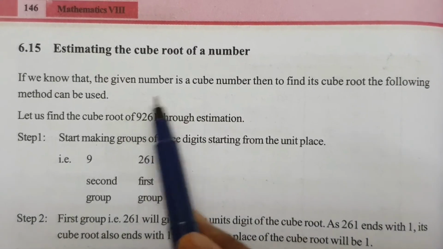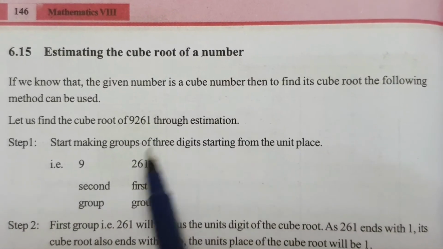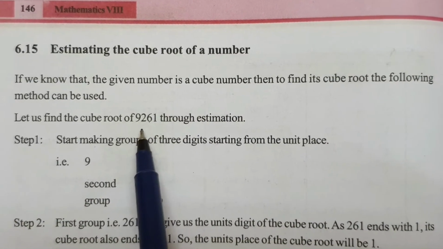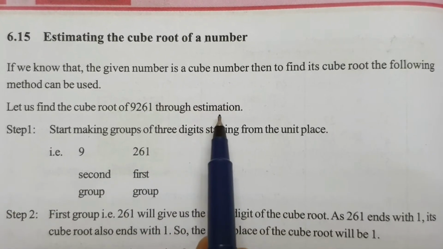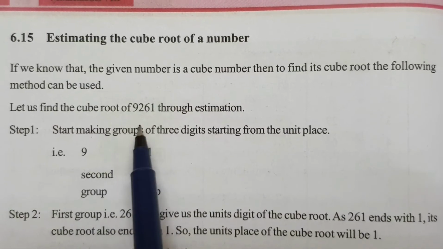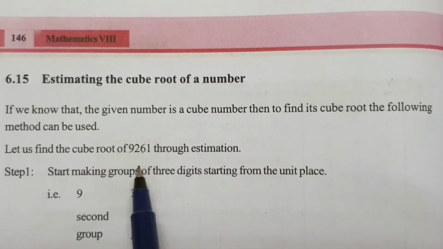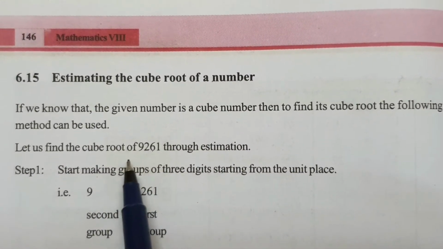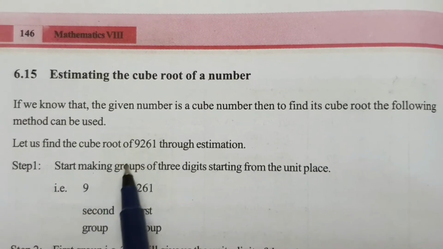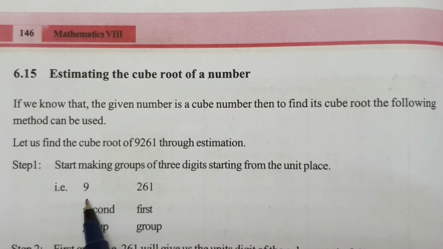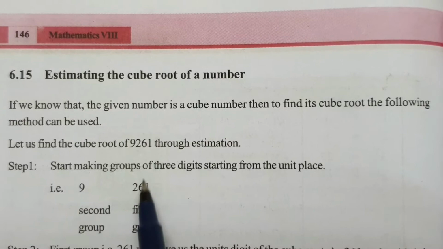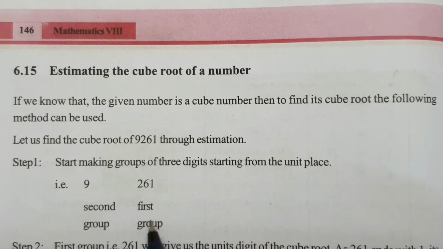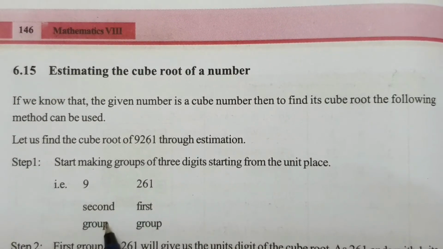Next one, estimating the cube root of a number. They gave the number 9261. In the estimating method, observe 9261 and make two groups. The first group is 261 and the second group is 9.